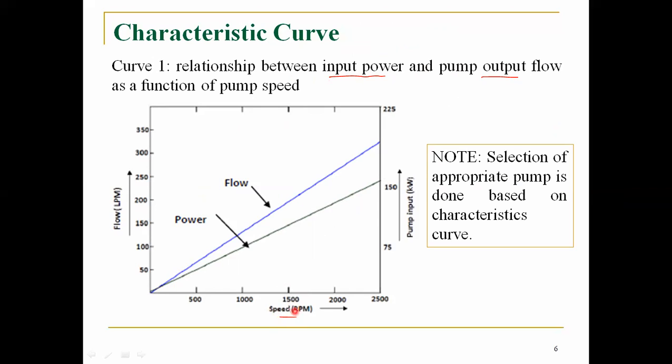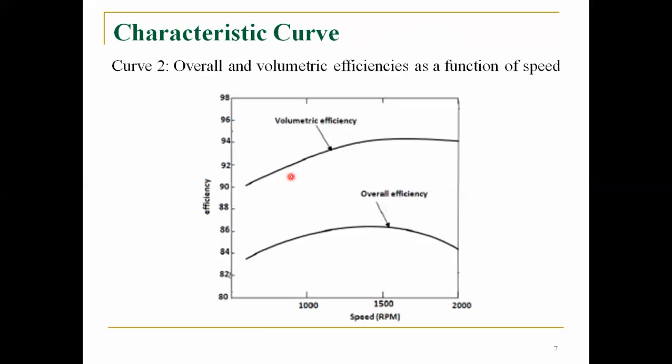Here on the x-axis we have speed, and here we have the flow, in terms of liter per minute. If you see, as the speed increases, power will also increase, and output flow, the discharge, will also increase. Input power and flow will both increase, so here we are getting a linear curve.